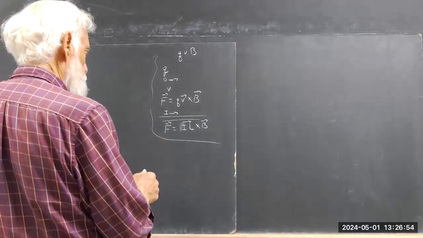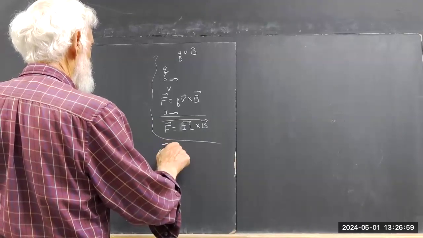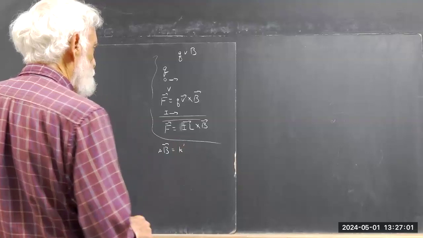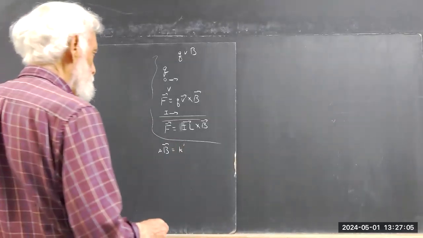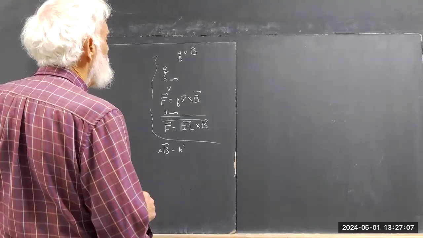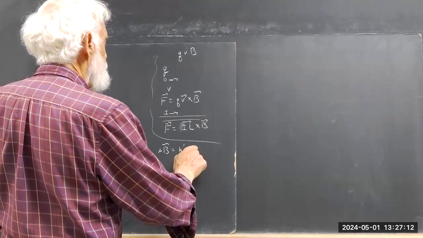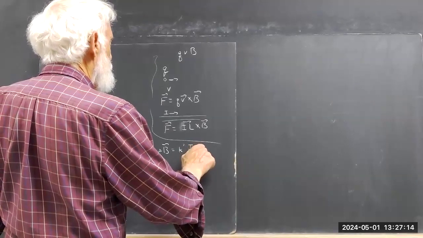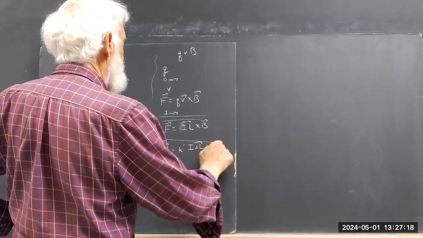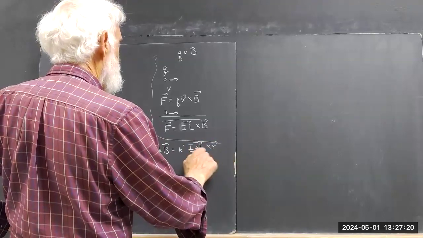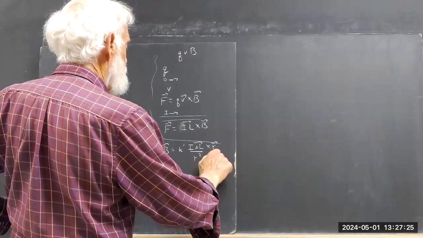The other thing about magnetism is delta B equals K prime times I delta L cross R over R squared.